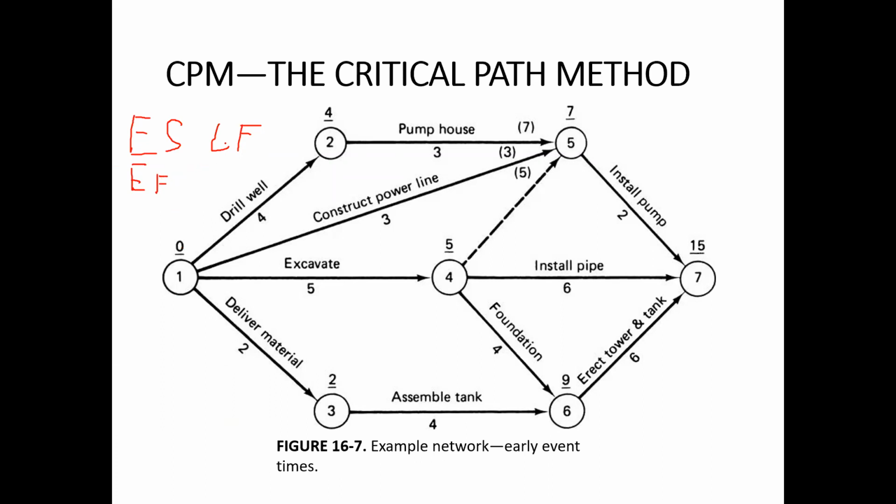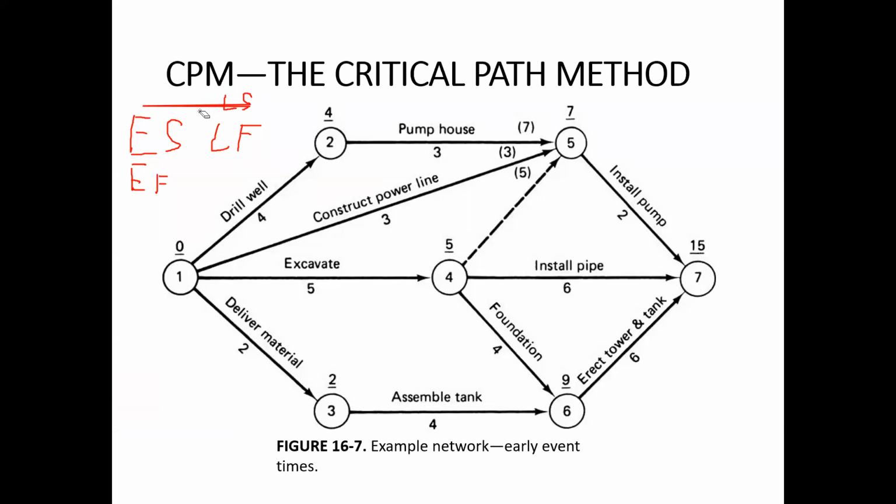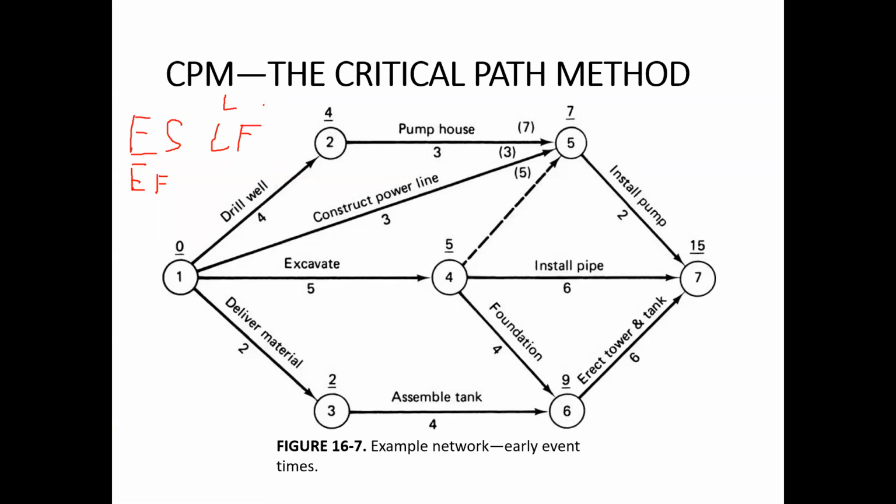And if there is a latest finish of an activity, then there should be a latest start of an activity as well. There is some problem. Latest start, latest finish.